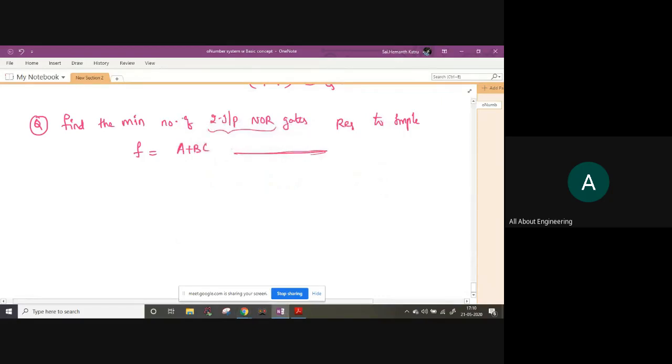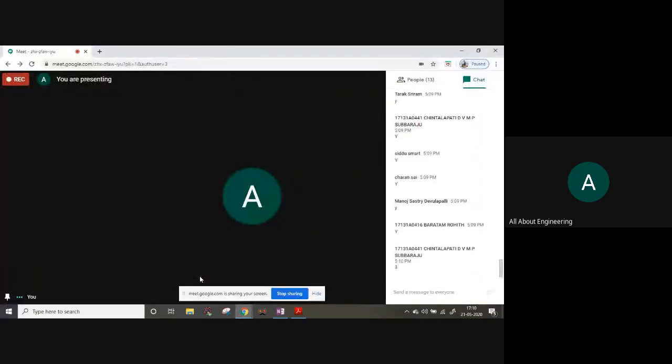2 input NOR gates, minimum number of 2 input NOR gates required to implement this function, F equal to A plus BC. 3. So Braju told the answer 3. Any more guys? Yeah, 3 was correct.